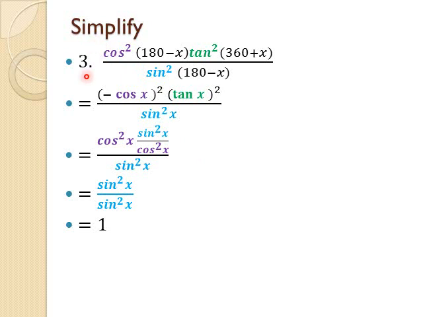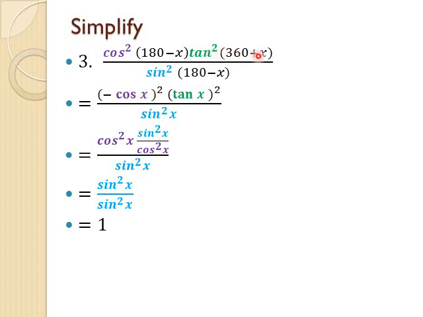Alright, now problem number 3, they simply say simplify. Given me cos squared of 180 minus x, tan squared of 360 plus x, sine squared of 180 minus x. So 180 minus x falls in the second quadrant, only sine is positive there, so cos becomes negative cos x, but I move the square outside, right?